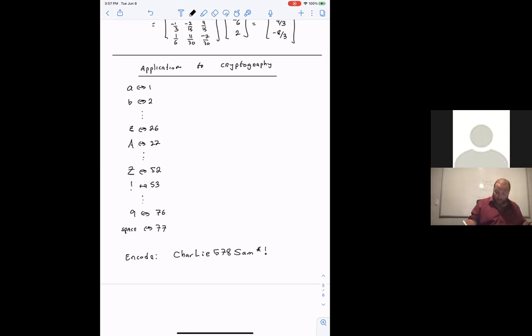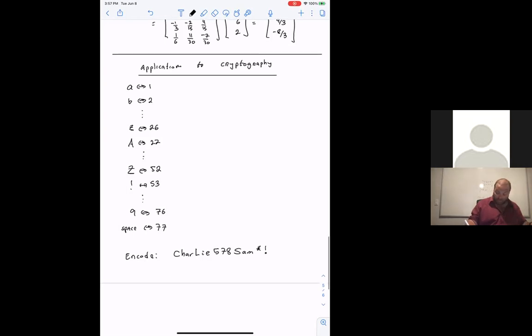So for example, capital C is 29, lowercase h is 8, lowercase a is 1, and this is all on page 388.